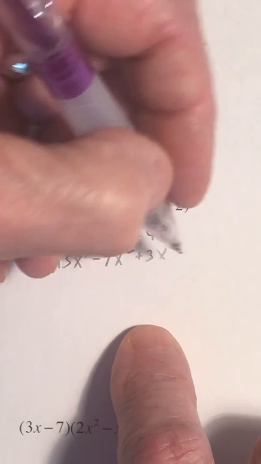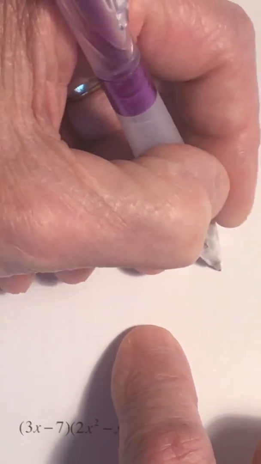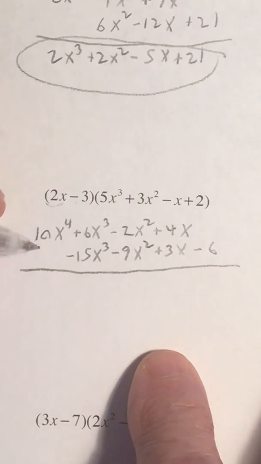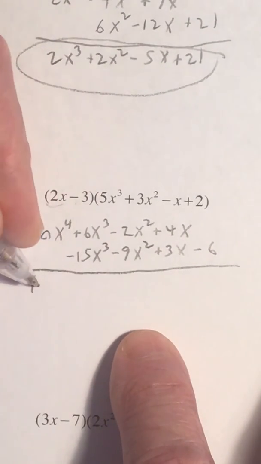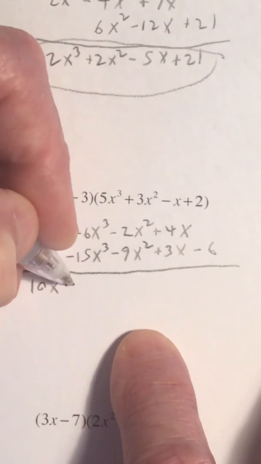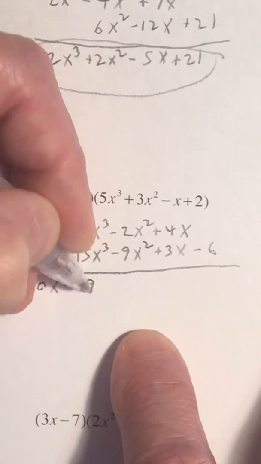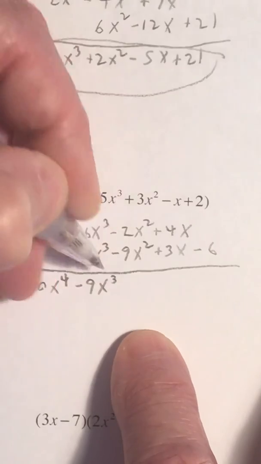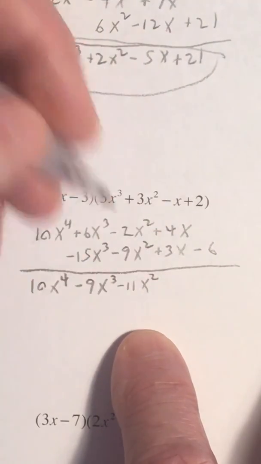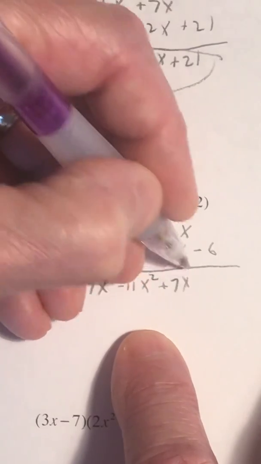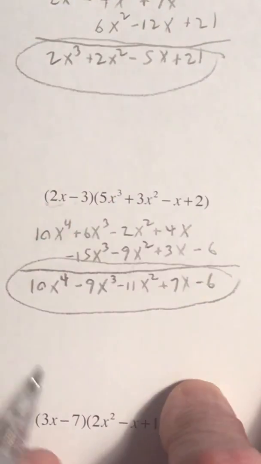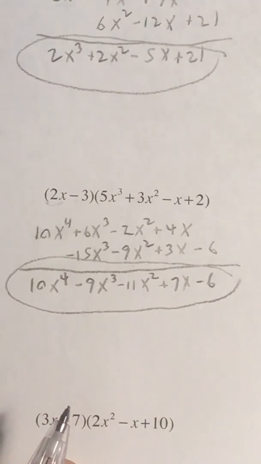And minus 3 times plus 2, I get a minus 6 way down here at the end. So many, many terms in my answer. 10x to the 4th, minus 9x to the 3rd, minus 11x squared, plus 7x, and minus 6. And that's the end of that one.